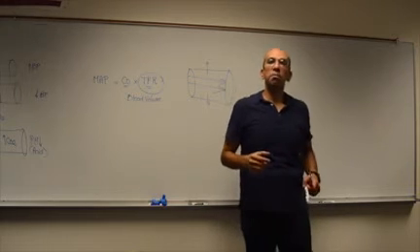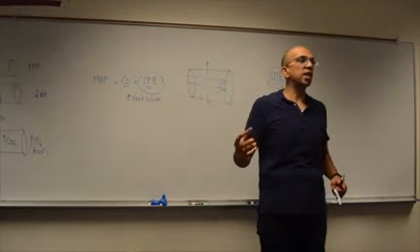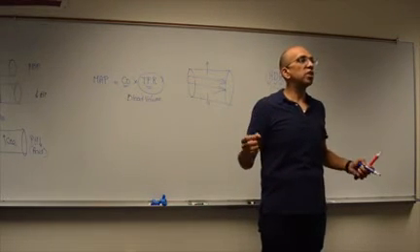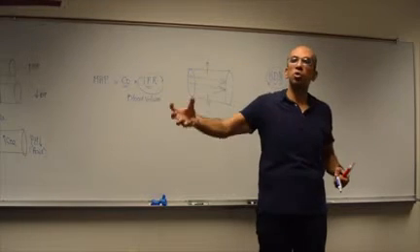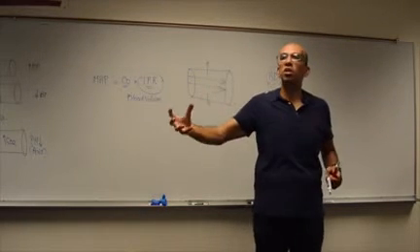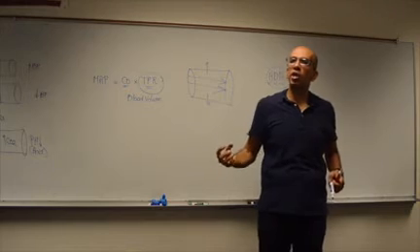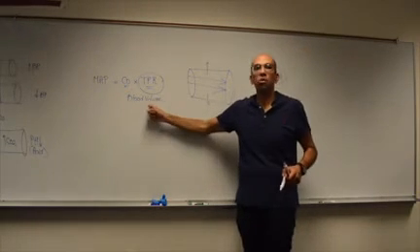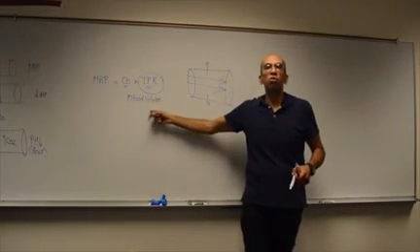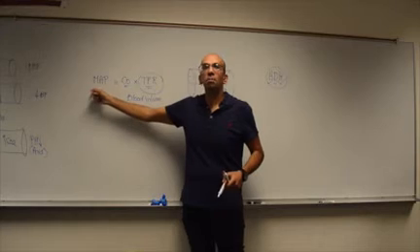Atrial natriuretic peptide is the hormone released from the atria of the heart to enhance the release of sodium in urine. And as you release sodium in urine, water will follow. And as you release water out of your circulation, your blood volume will go down. And as you decrease the blood volume, your blood pressure will be reduced.